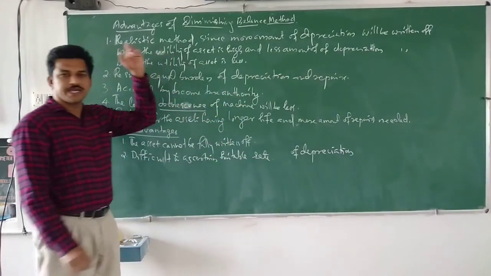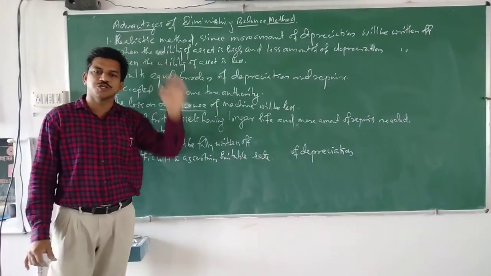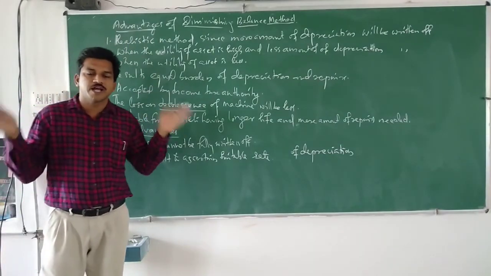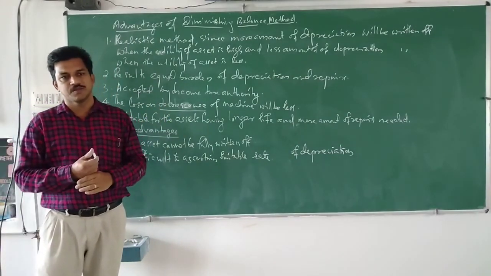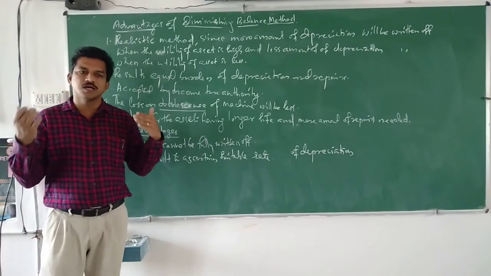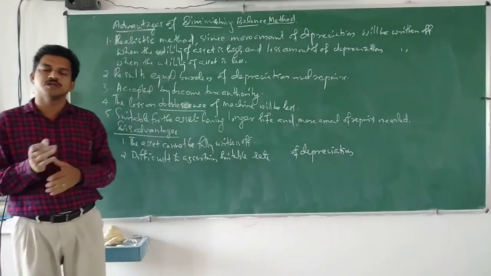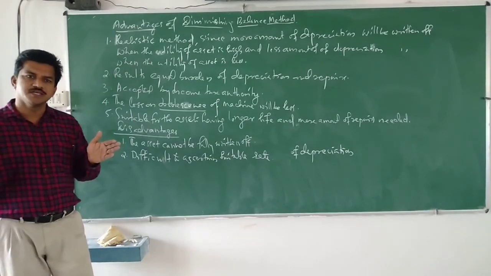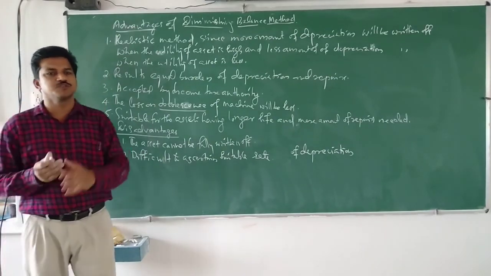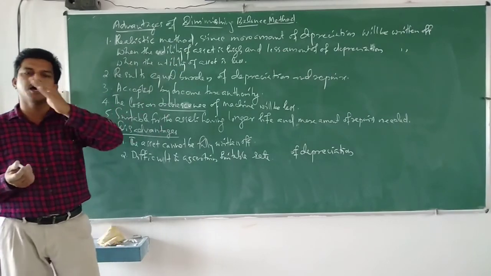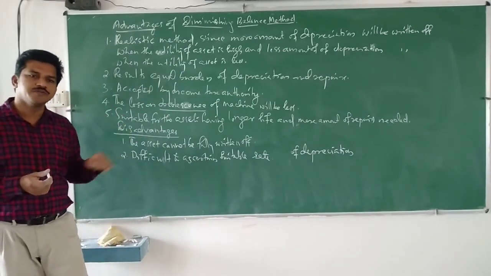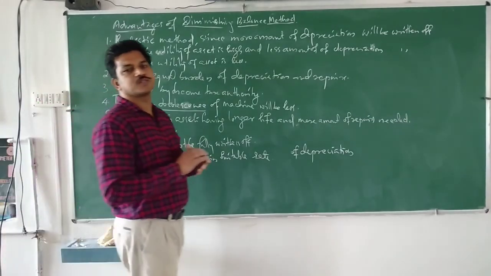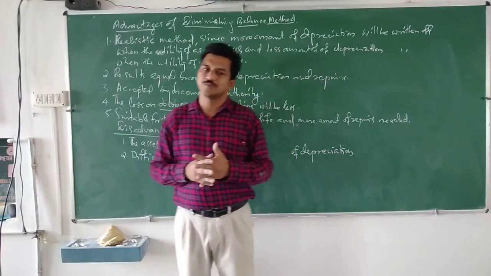We have simply mentioned here 10% depreciation or 20% depreciation, but it requires a lot of factors to be considered for ascertaining a suitable rate of depreciation. Suppose how many years of life an asset possesses. So various things we have to consider, and after that only we can find out the rate of depreciation. So here it is very difficult to ascertain the rate of depreciation.